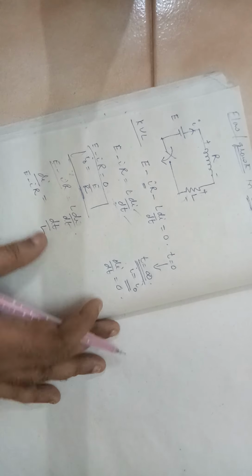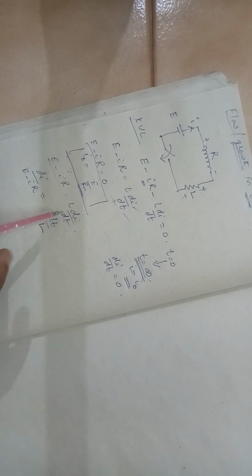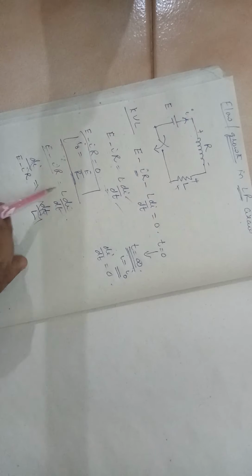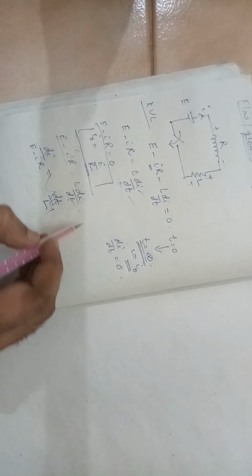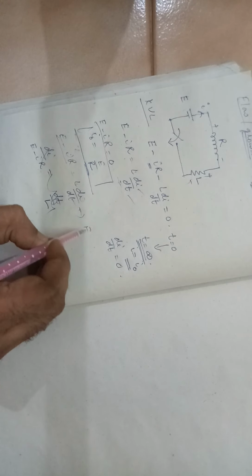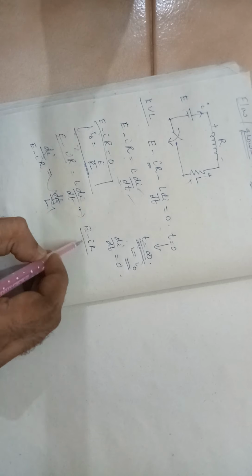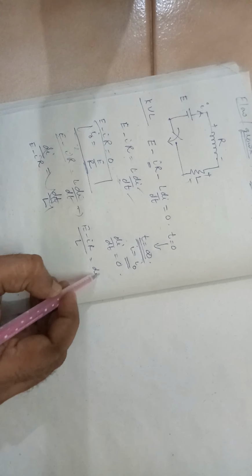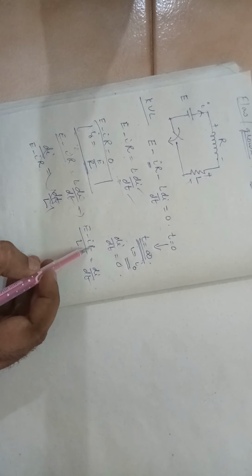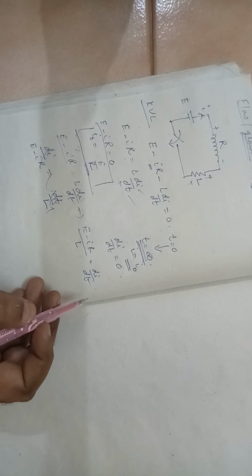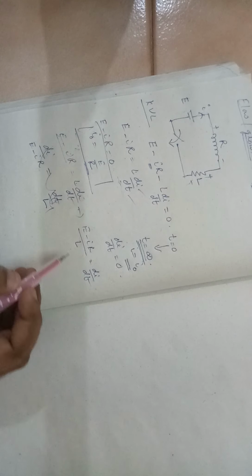Here I will do one thing. Rather than writing like this, let us divide both sides by L. Then what happens? E minus IR by L is equal to di by dt. So here I will take minus R as a common term.